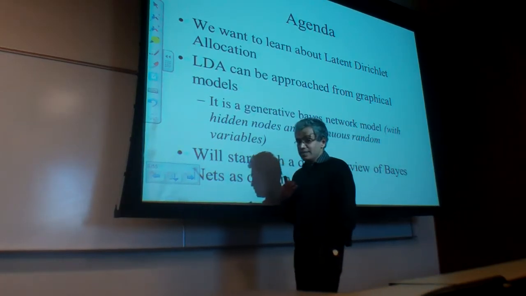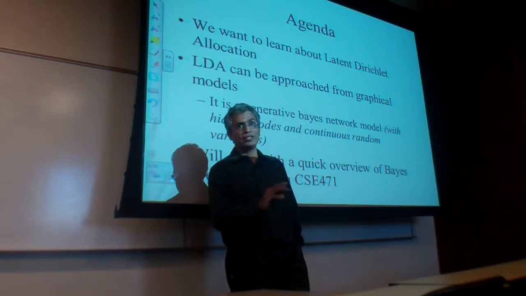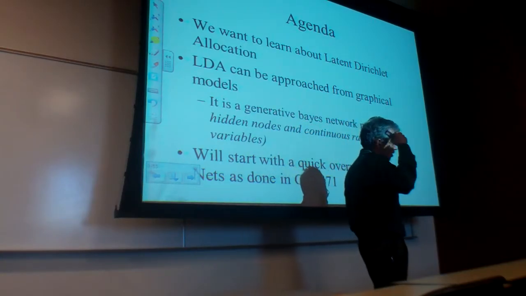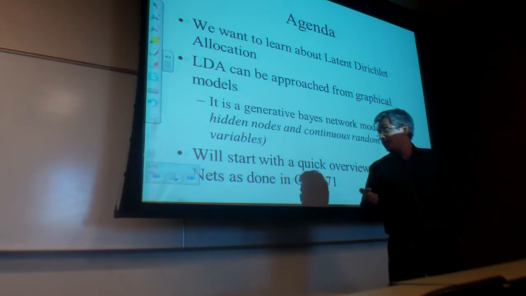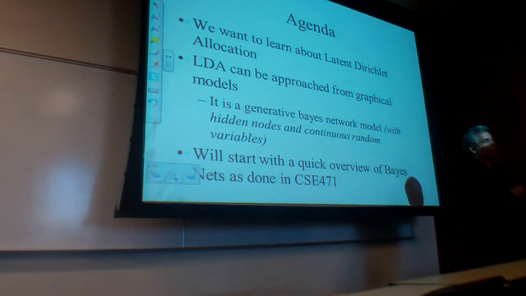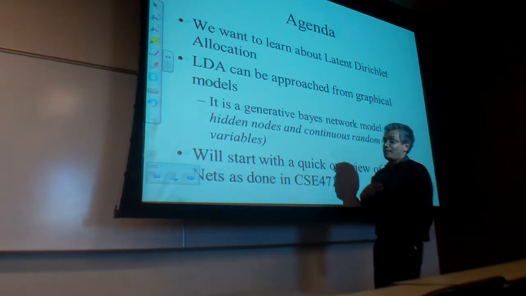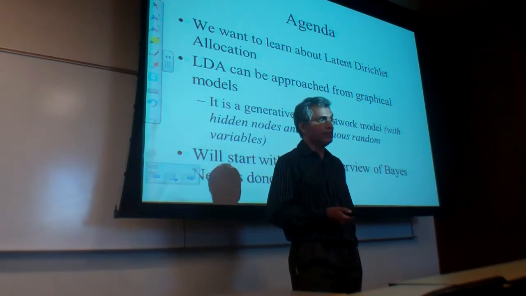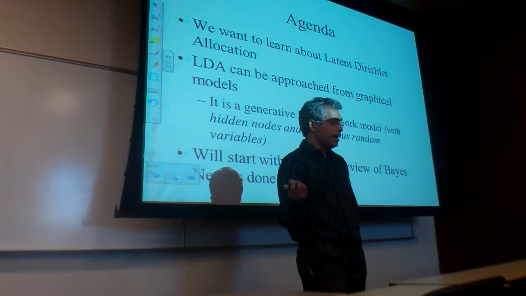Since I know that people who did 471 with me definitely know the stuff that I expect them to, I would be assuming that here. It wasn't quite clear to me how many people know enough about Bayes networks. So I decided that I'll go through a fast introduction to Bayes networks, which, in my hopeful way, I'm thinking I'll be done with in today's class, but if there's a little left, then we'll do it when we come back on Tuesday.